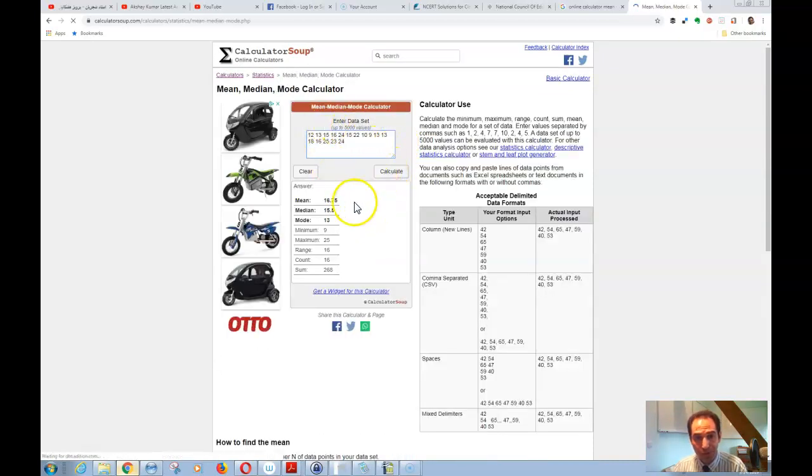So here, if you enter your data here, and your data is basically, for example, 36. What happened here? I don't understand.